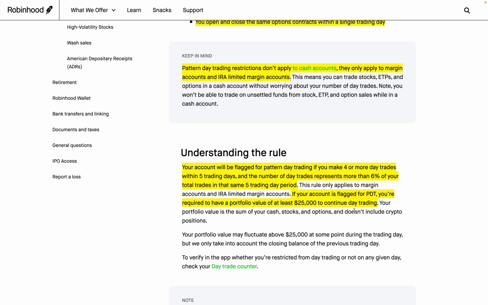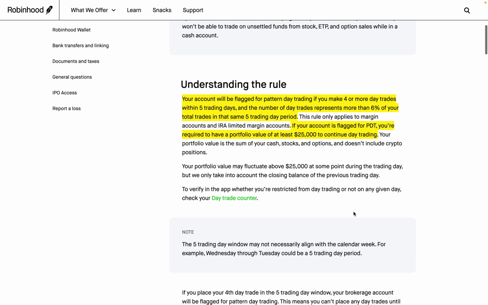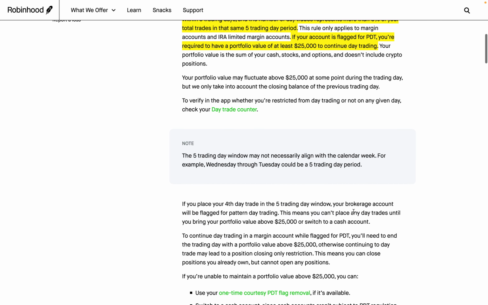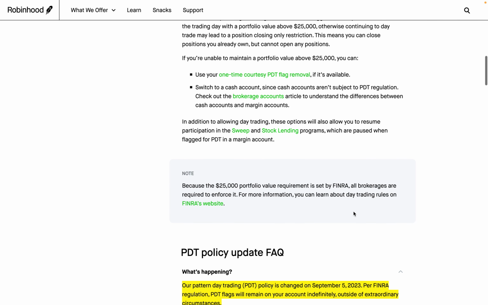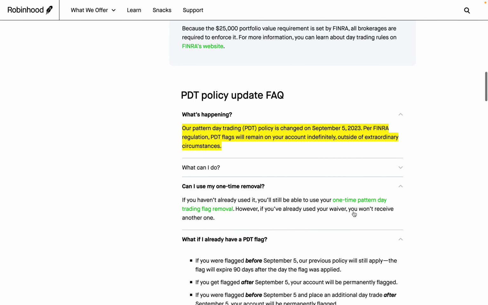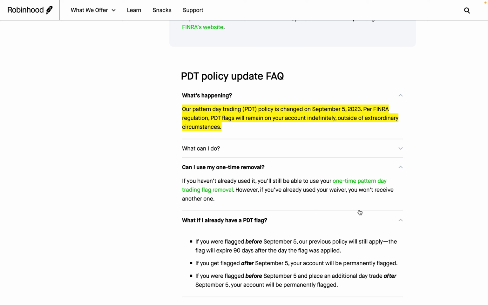Now, why do I say that day trading is over on Robinhood? Because before, when you got flagged as a pattern day trader, all you would have to do is wait 90 days, and that flag would then be removed.